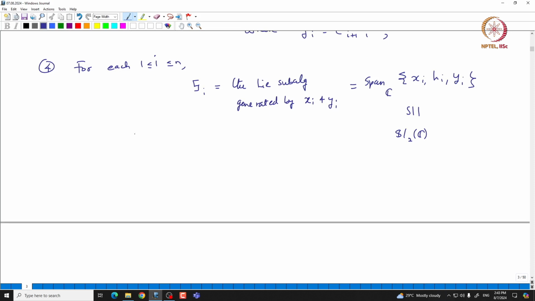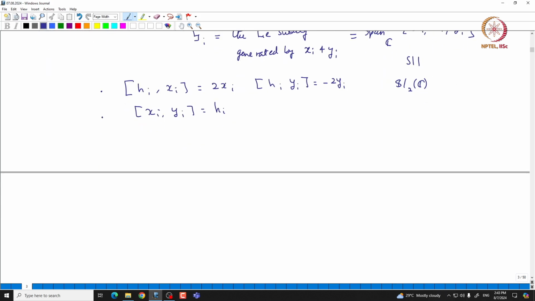Note that in particular we have the following commutator relations. The bracket [h_i, x_i] is 2x_i, the bracket [x_i, y_i] gives you h_i, and the bracket [h_i, y_i] gives you minus 2y_i. These are the Lie brackets that we have in this 3-dimensional simple Lie algebra.